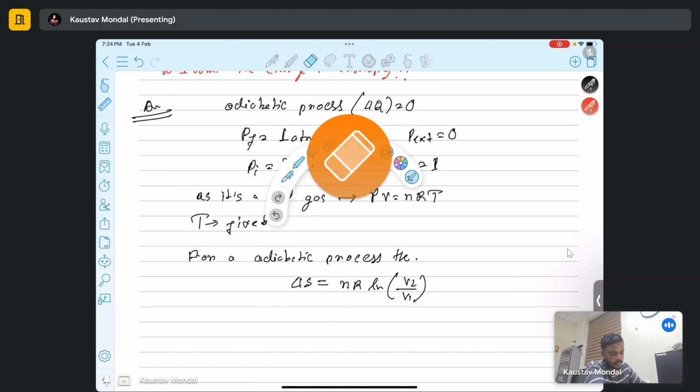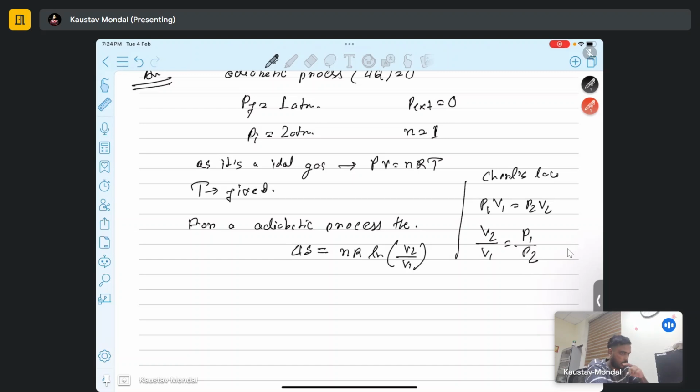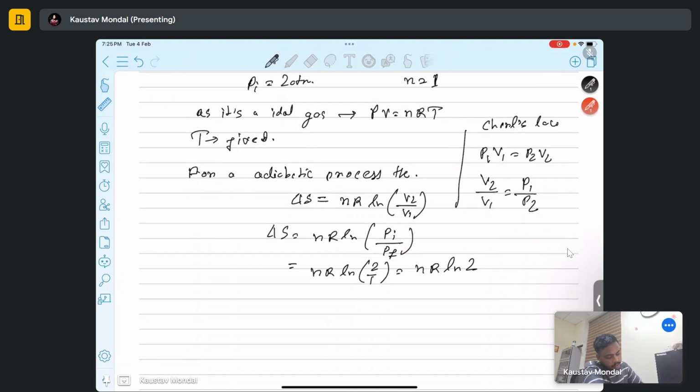This will be basically the change in delta S. But also we know from Charles law, P1 V1 equal to P2 V2, right? So V2 by V1 we can write as P1 by P2, right? So delta S basically gives us nR ln P1, that is P initial by P final. Okay, so nR ln 2 by 1, so nR into ln 2.